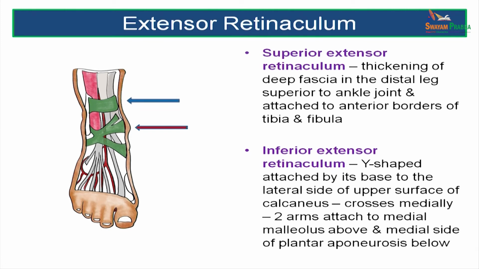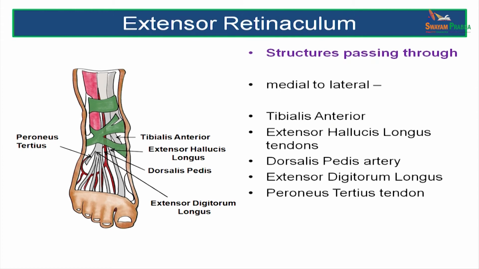The inferior extensor retinaculum is more complex, being a Y-shaped band, and it also has an attachment to the plantar aponeurosis. What are the structures passing through the extensor retinaculum?